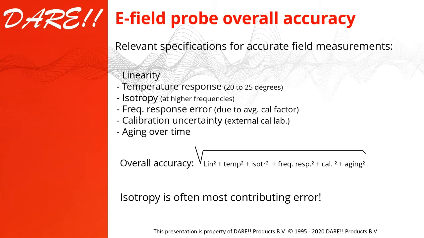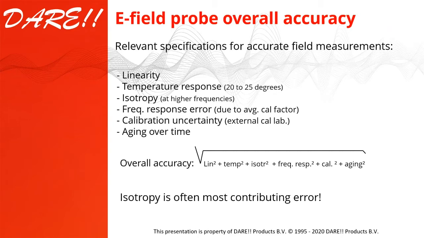The isotropy, of course, but also the frequency response. Then, when you calibrate your probe at an external lab, this external lab also has an accuracy, so this also has to be taken into the equation. And finally, electronics will always drift over time, so also aging will have a small effect.